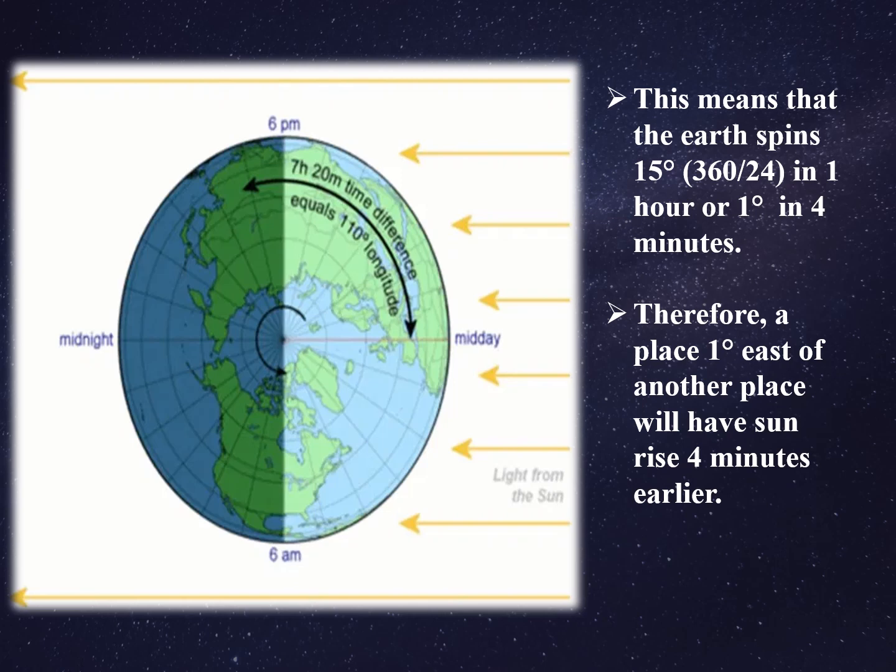You have to remember that Earth takes 24 hours to complete one rotation of 360 longitudes. This means that the Earth spins 15 degrees in 1 hour or 1 degree in 4 minutes.